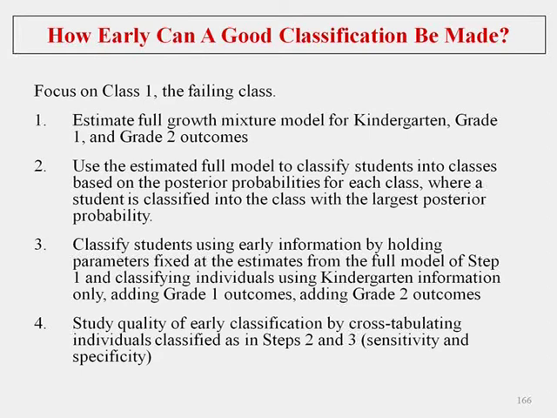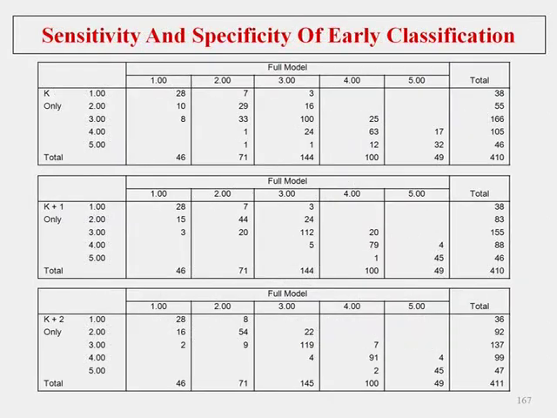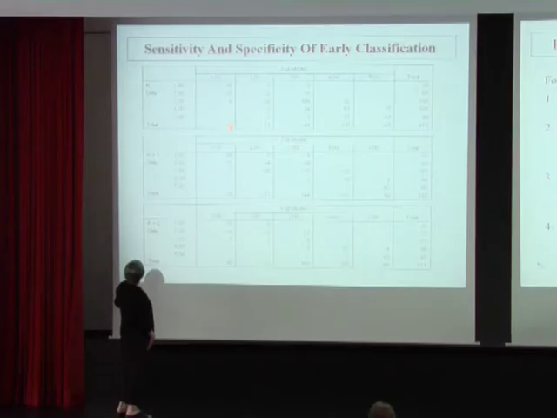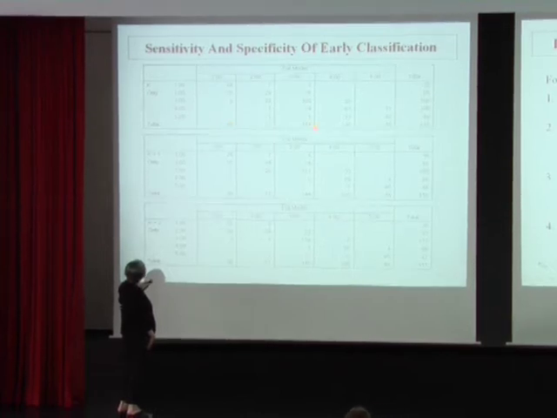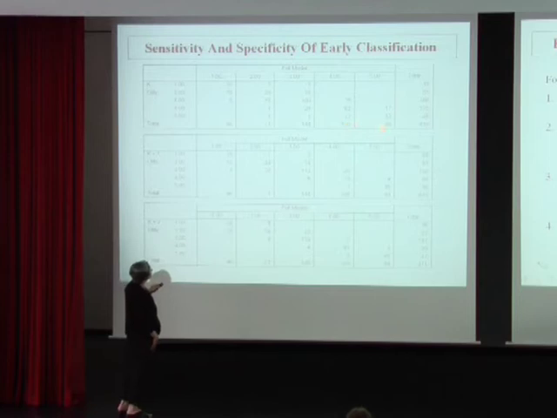And that's what over on this table, along the top is most likely class membership. So we have 46 people in class 1, 71 in class 2, 144 in class 3, 100 in class 4, and 49 in class 5.